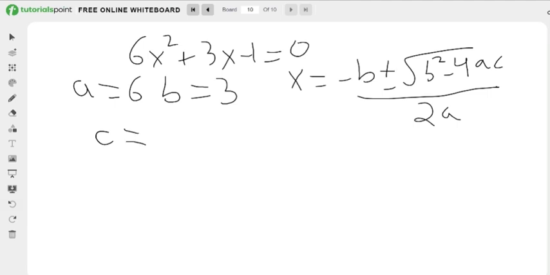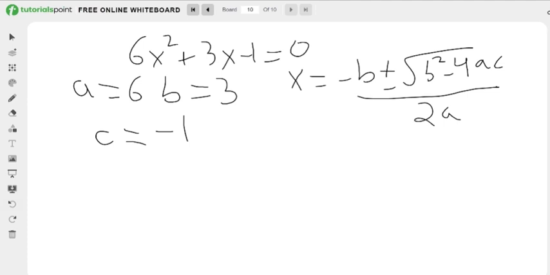This is something to keep in mind: whenever you're picking your a, b, and c values, you have to keep the signs in mind, the sign in front of the coefficient. So c is negative 1. In the standard form I showed you, everything was positive, ax squared plus bx plus c, but here we can see it's a negative 1, so c has to be negative 1. You have to consider the signs when picking your a, b, and c values.